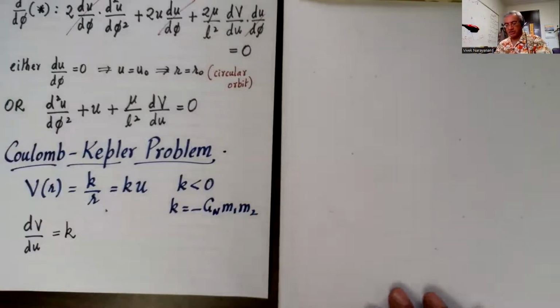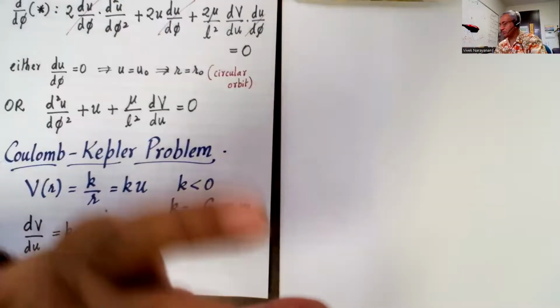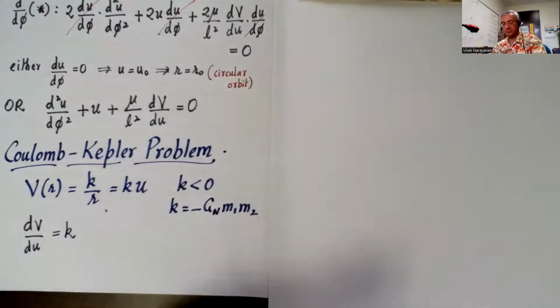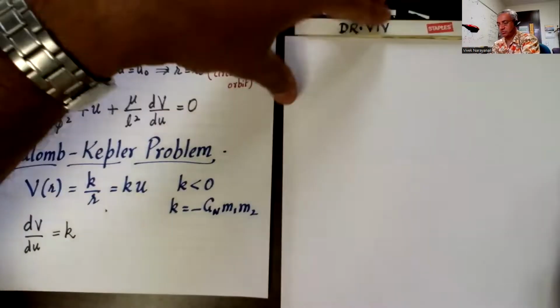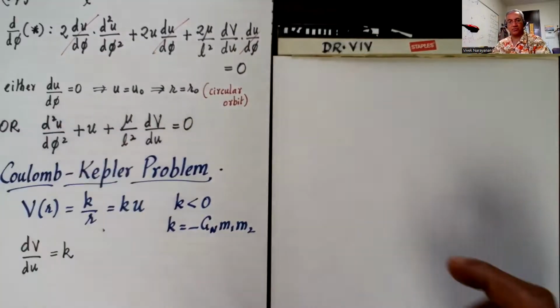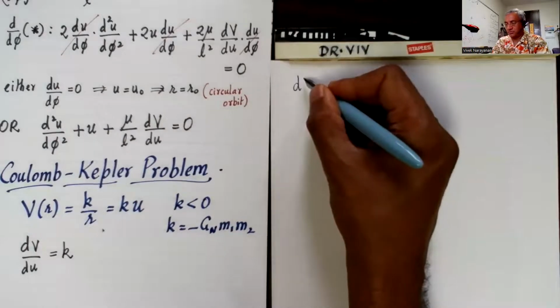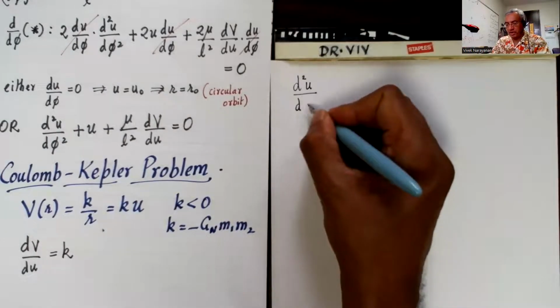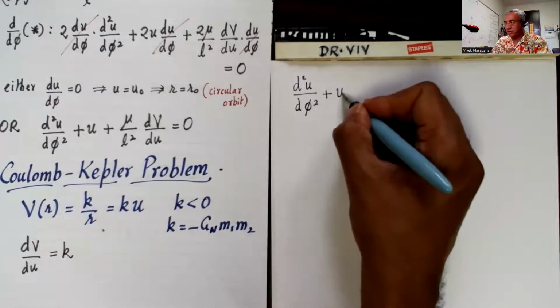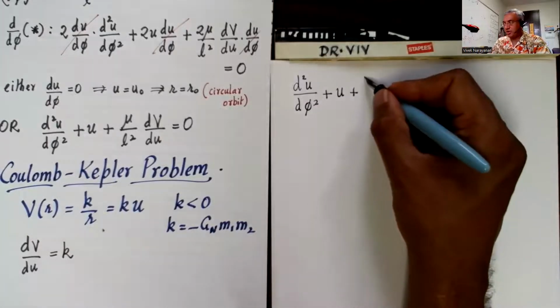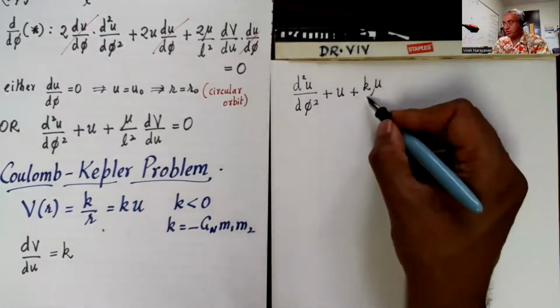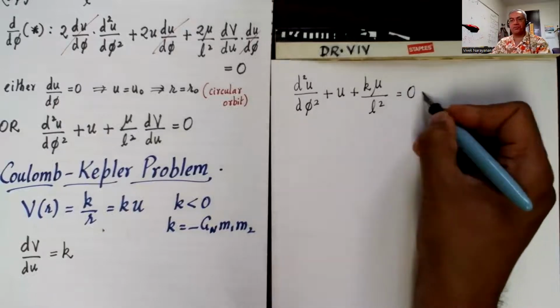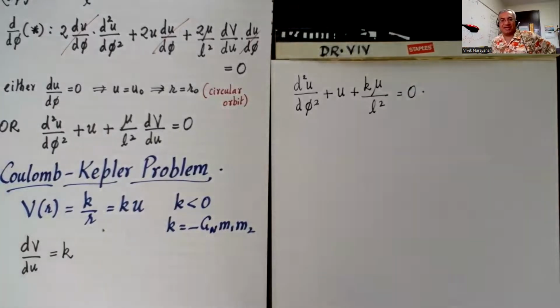Going back here, I'm going to get d2u over d phi squared plus u plus K mu over L squared equal to 0, because dV by dU is simply K. Now that is a beautiful equation. It's actually very simple to solve. So we'll solve it in two stages.